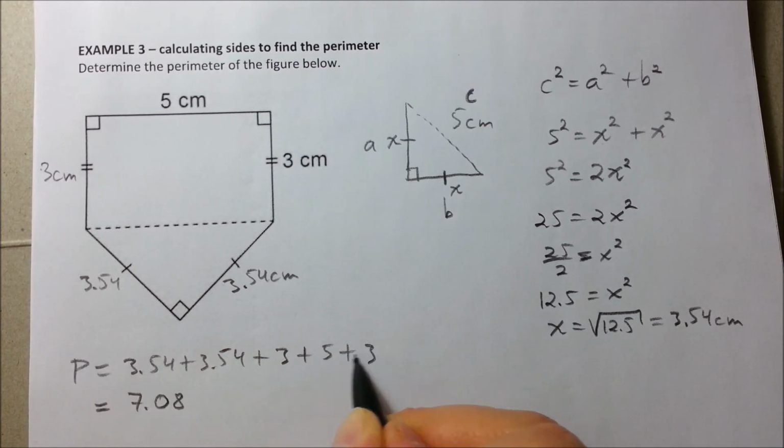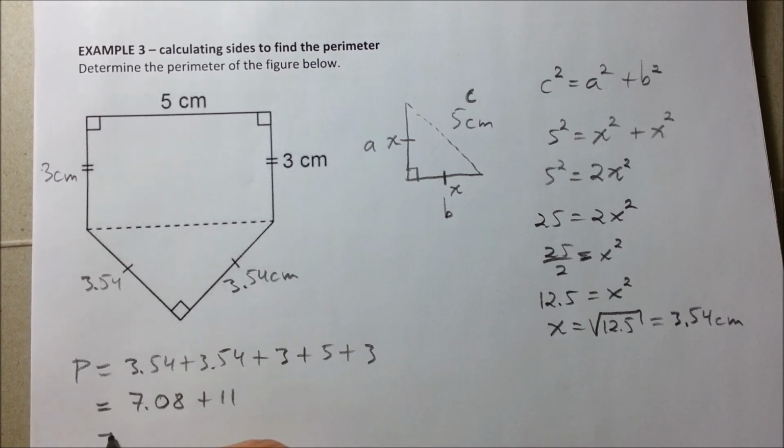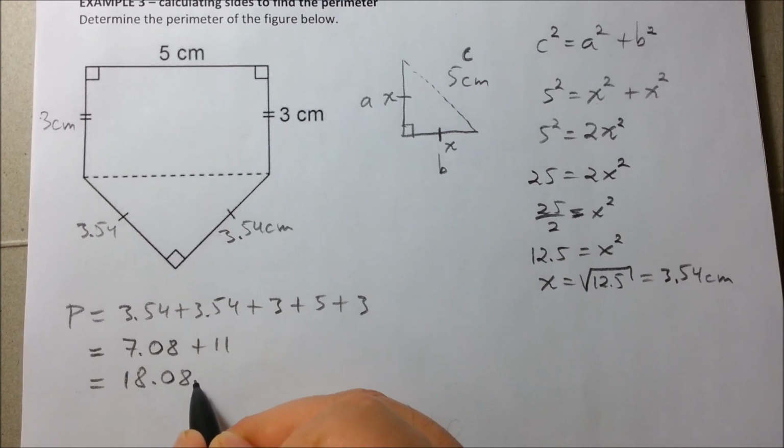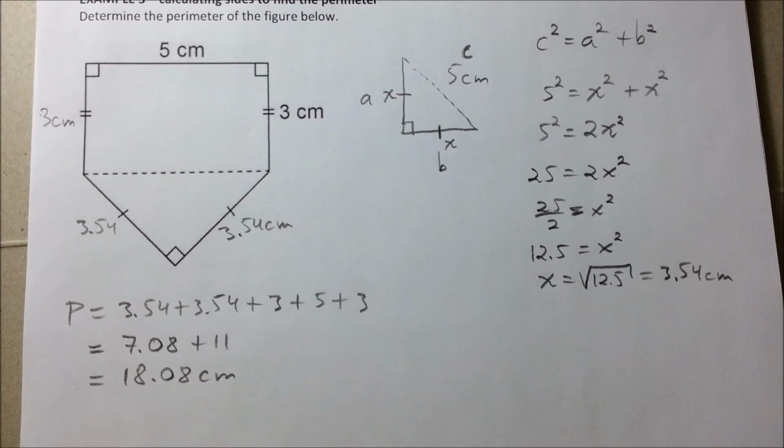And then 3 plus 5 plus 3 gives us 11, plus 11. Then you add these, 7.08 plus 11, that gives us 18.08 centimeters. I almost wasn't able to fit it in. So that's the perimeter of this shape.